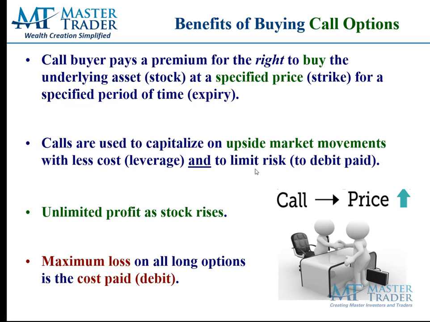I'm going to show you an example. We use these in bucket 1 where we're expecting a big directional move, and we use multiple time frames to give us that bias. Unlimited profit as the stock rises. As the stock rises, then your call option is going to rise.